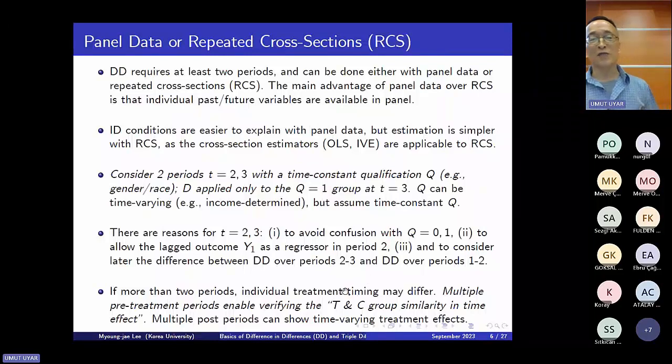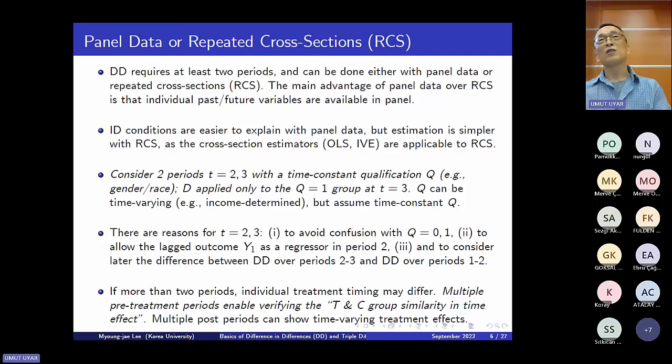So that's the benefit that you get if you have multiple pre-treatment periods. If you have multiple post-treatment periods, then you can check how treatment effects vary over time.